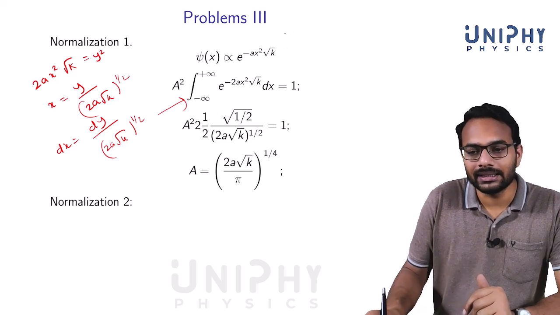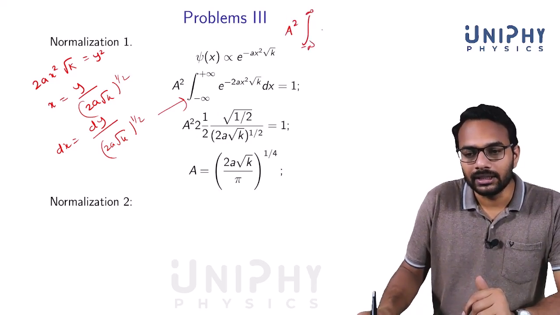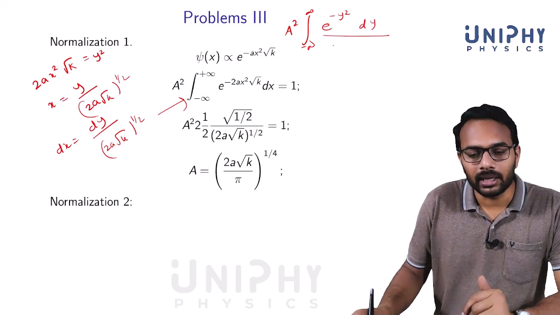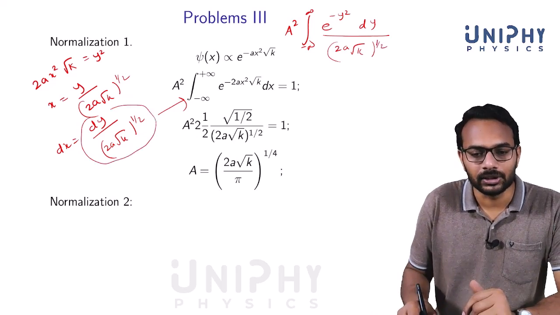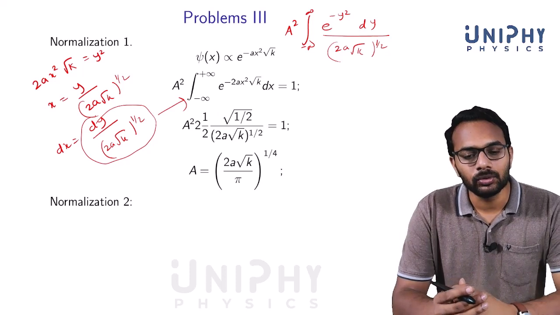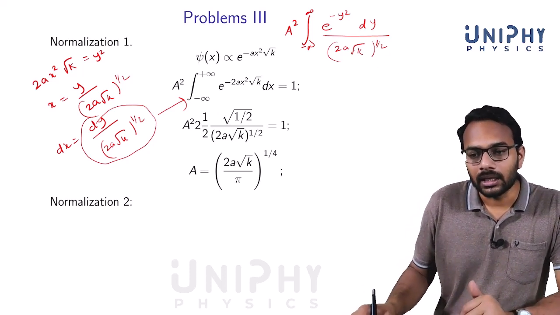So what we get is A squared times the integral from minus infinity to infinity. This simply becomes e raised to minus y squared dy, divided by 2a square root of k whole raised to 1 by 2, because instead of dx we are substituting dy divided by 2a square root of k whole raised to 1 by 2. Now we can pull this outside.